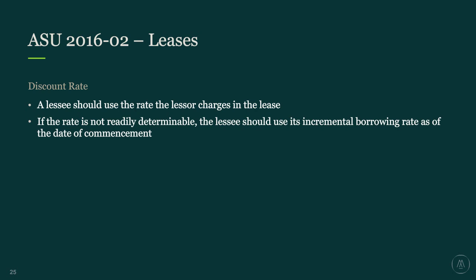That last item, any deferred initial direct costs of the lessor, will oftentimes not be known by the lessee, and therefore the implicit rate would be considered not readily determinable. So we'd expect to see most of the time these calculations using the incremental borrowing rate.